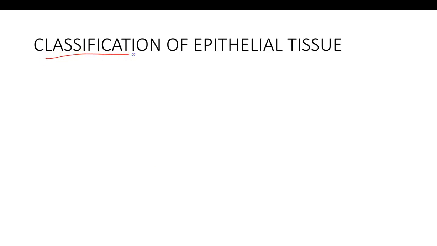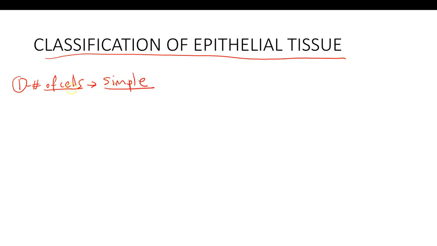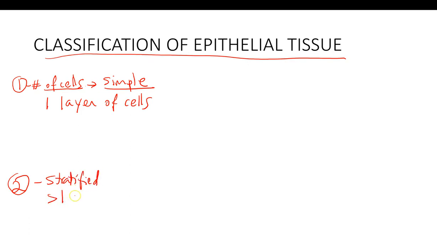Now, classification of epithelial tissue. Epithelial tissue is classified based on two criteria. The first criteria is the number of cells. And based on that criteria, epithelial tissue can be simple if it's made by one layer of cells, or it could be stratified if it's made by more than one layer of cells.